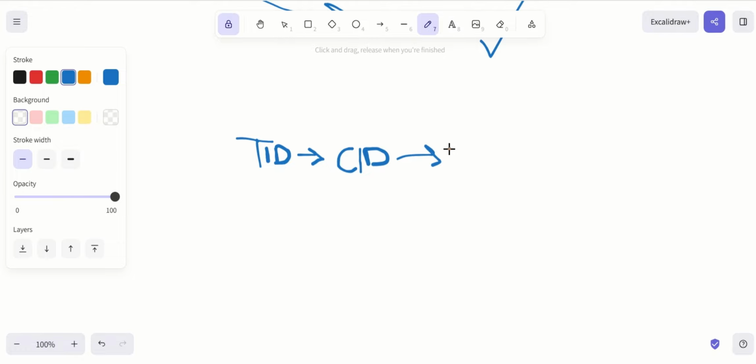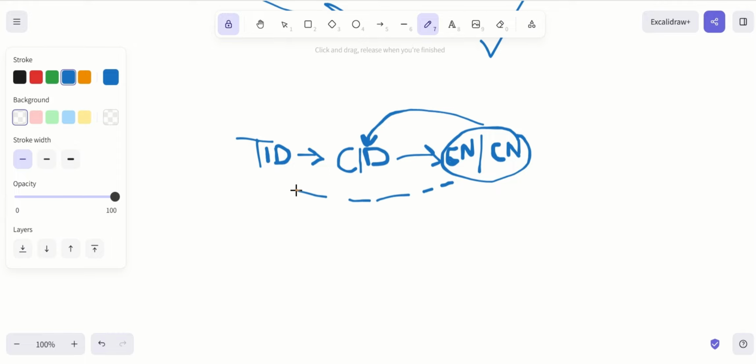So that is customer name, and also customer phone of customer. So they depend directly on customer ID, and indirectly on this. So they depend directly on this and indirectly on this.